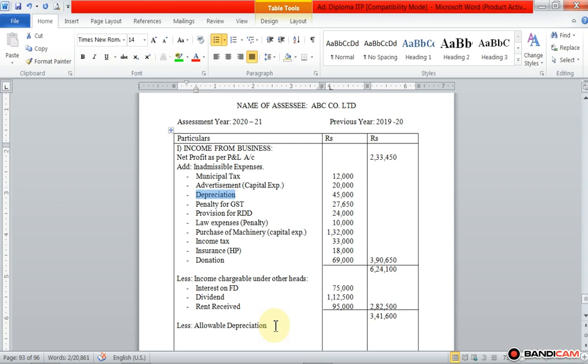The difference is 5,000, and only that difference is deducted. But here we add depreciation in net profit, so we deduct allowable depreciation amounted to rupees 50,000.